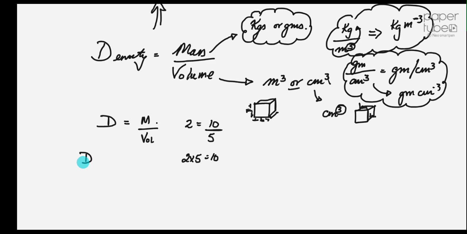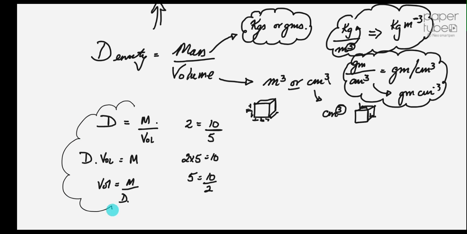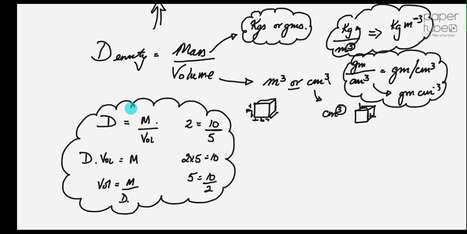So density times vol is equal to mass. And then 5 is equal to 10 divided by 2. So vol is equal to mass divided by density. So there's a simple way of rearranging the formula. If you can't rearrange formulae, that's what you do.